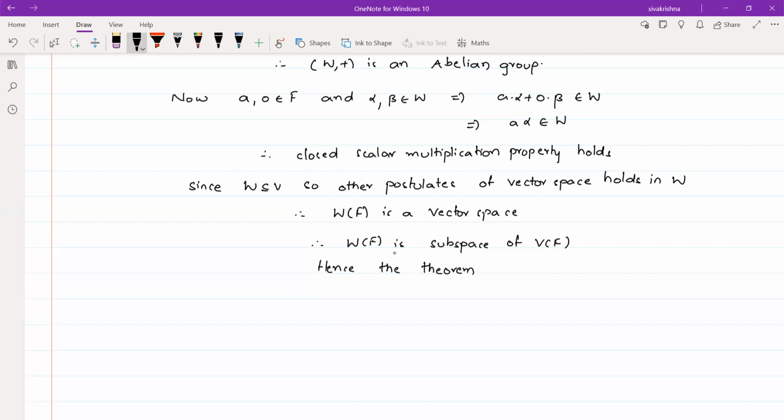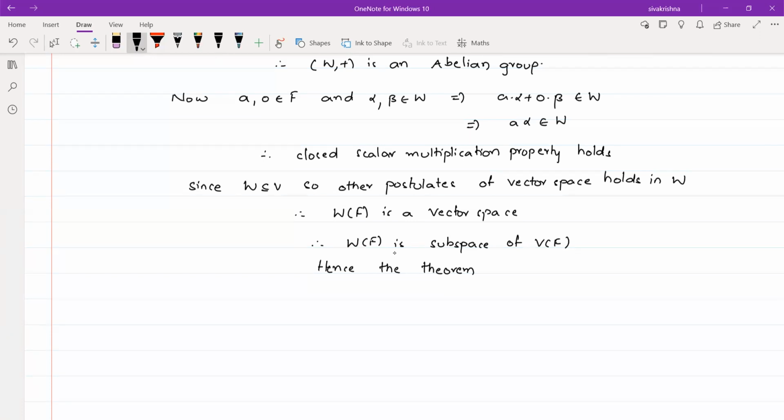Once again, if you want to prove W is a subspace, first of all it should be a subset. That was already given. After that, we have to prove that W itself is a vector space. It means we have to satisfy all the conditions of the vector space definition. But in the proof, I have proved only the closure property, identity property, inverse property, and of course the closed scalar multiplication property.